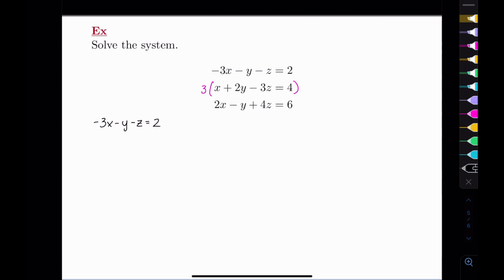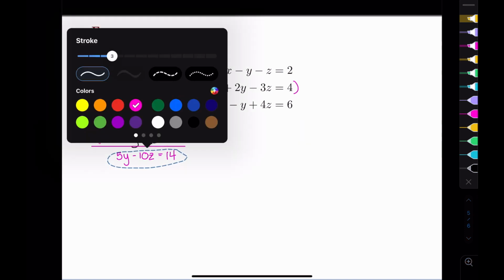And when I multiply the second equation by 3, it gives me 3x plus 6y minus 9z equals 12. When we add these together, our x's cancel, and this gives us 5y minus 10z equals 14. So we get one equation involving our two unknowns.